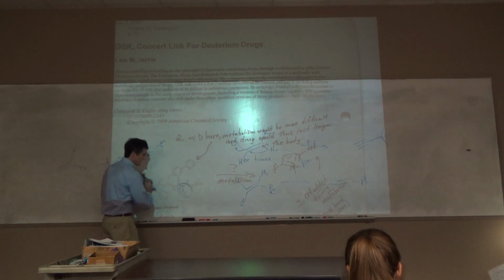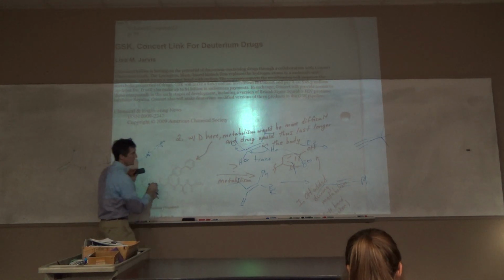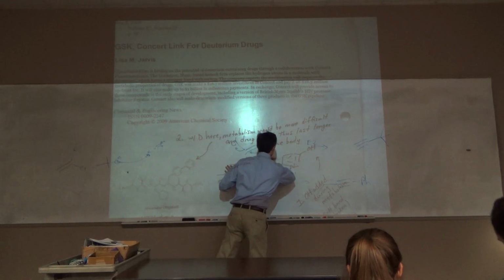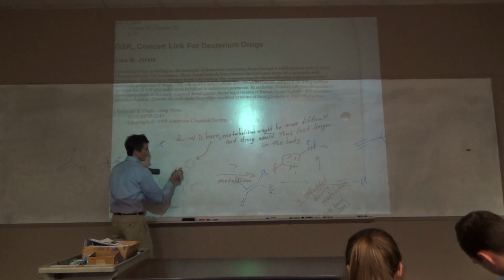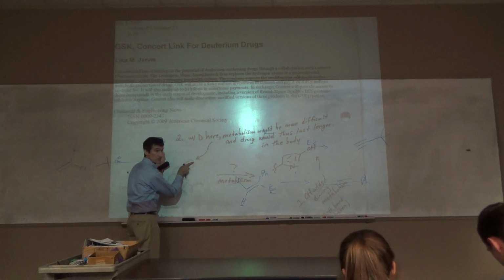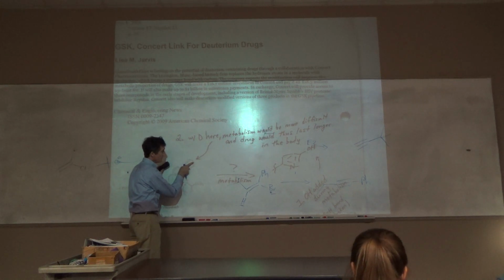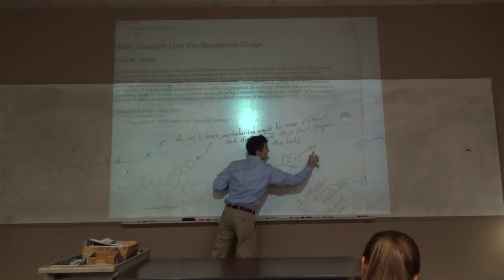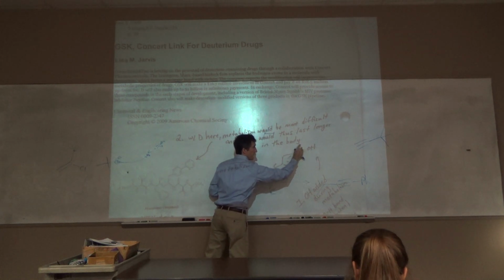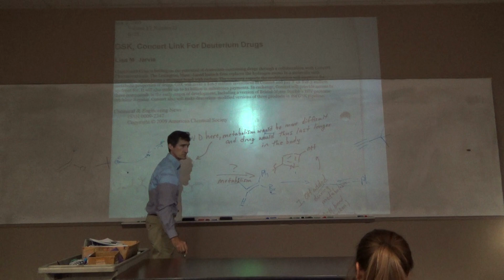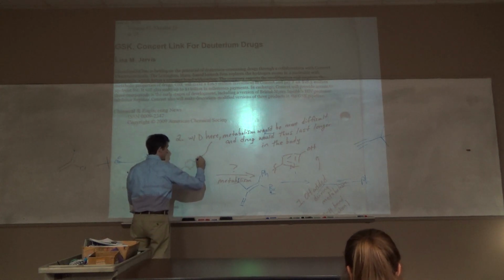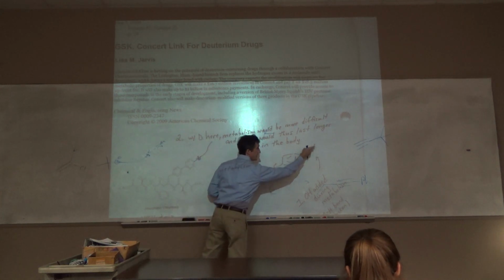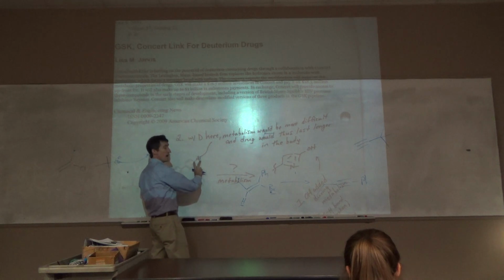This compound in the body is metabolized by oxygenation right here. This carbon, an OH is put here in the body by metabolism. Okay? So we go from CH to CO. The CH bond is broken in the body by metabolism.